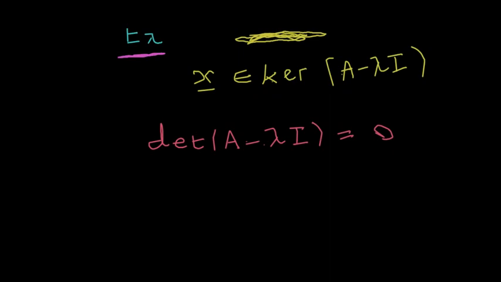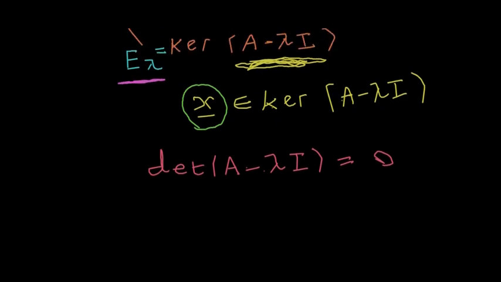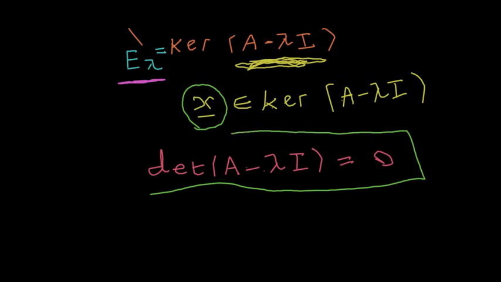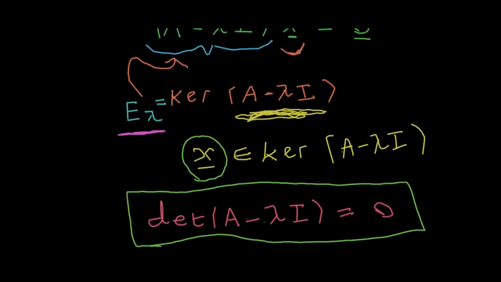So setting the determinant of this equal to 0 will give us precisely the values of lambda that make it 0, which give precisely the eigenvalues. It'll give us precisely all the vectors that actually get mapped to a scalar multiple of themselves. This is a pretty hard concept to get your head around at first, but this equation, the characteristic equation of a matrix, will give you the eigenvalues out exactly.